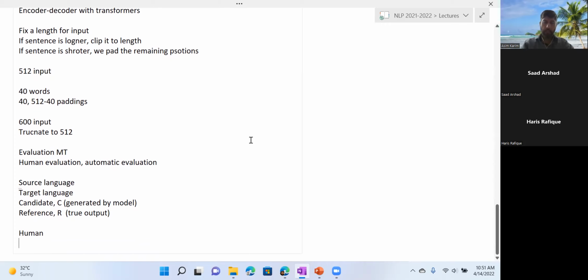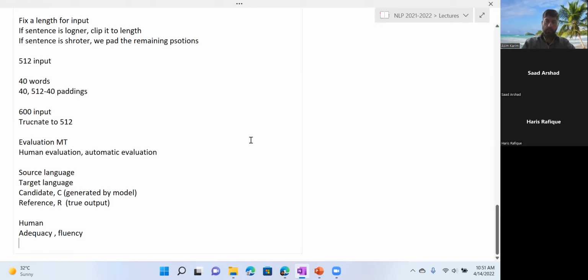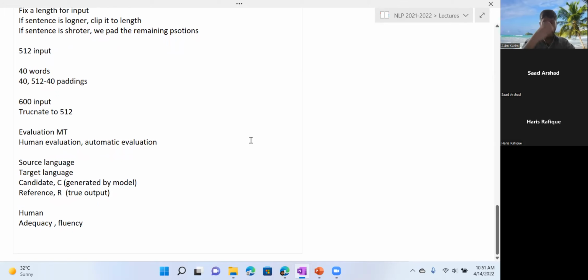So we typically evaluate along two dimensions. One is adequacy. There might be others as well, but these are the most popular. And the other dimension is fluency. What is adequacy?